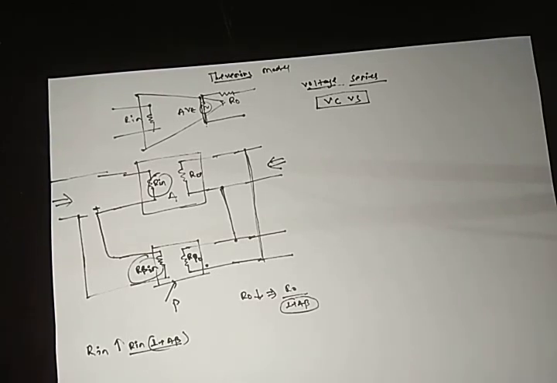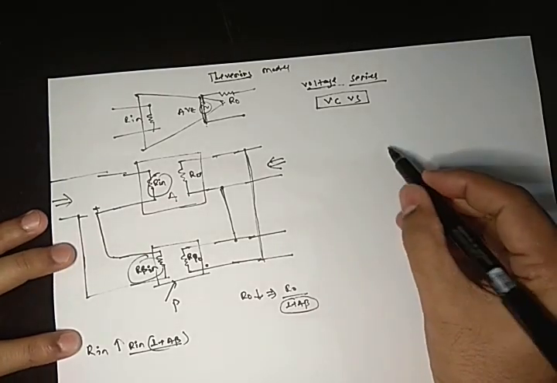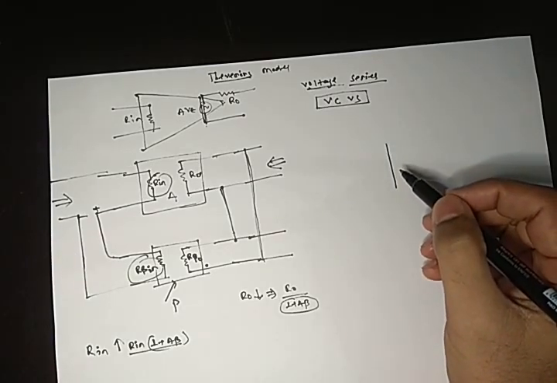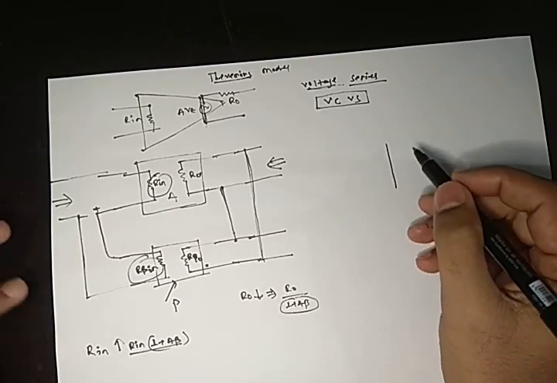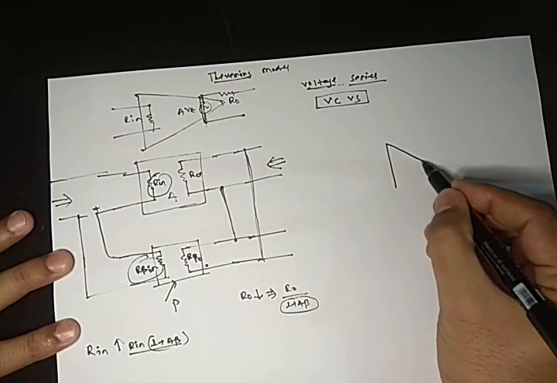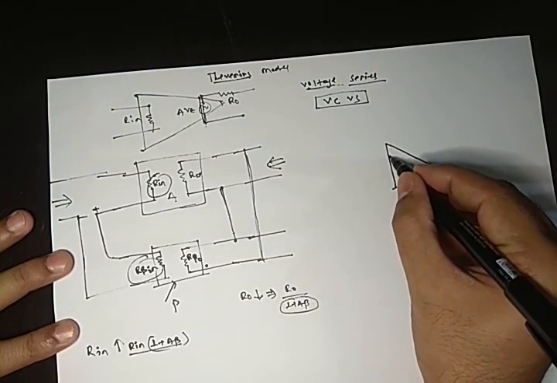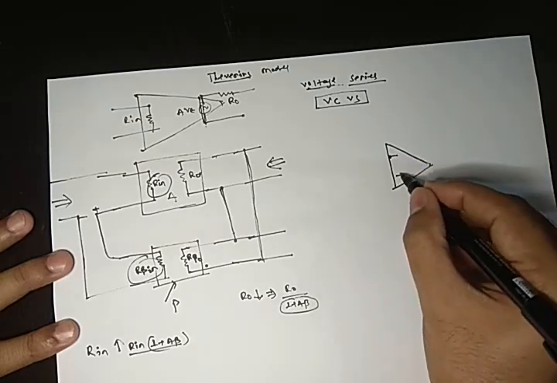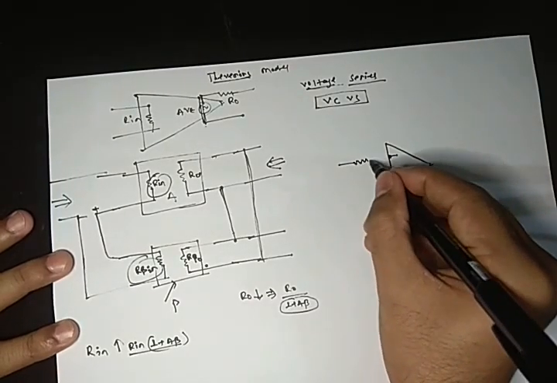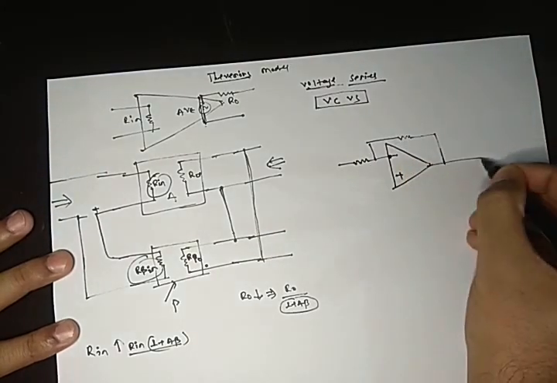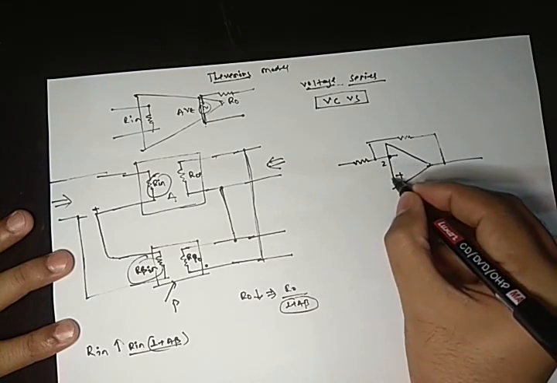Now we can design one circuit using this voltage series method. What is that circuit? This is terminal 2, this is terminal 3.